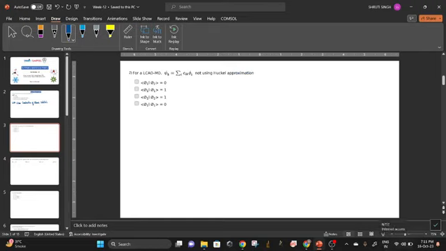Now the next question is, for an LCAO MO, psi k equals the summation over i of C ik phi i, not using Huckel approximation. So psi k is a molecular orbital, formed by some linear combination of phi i.